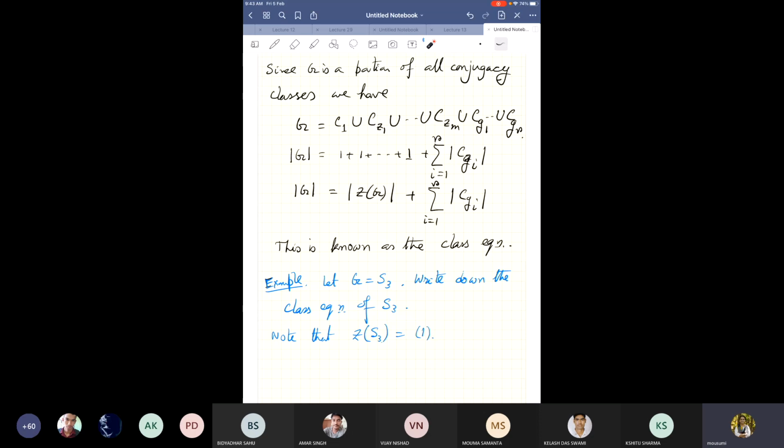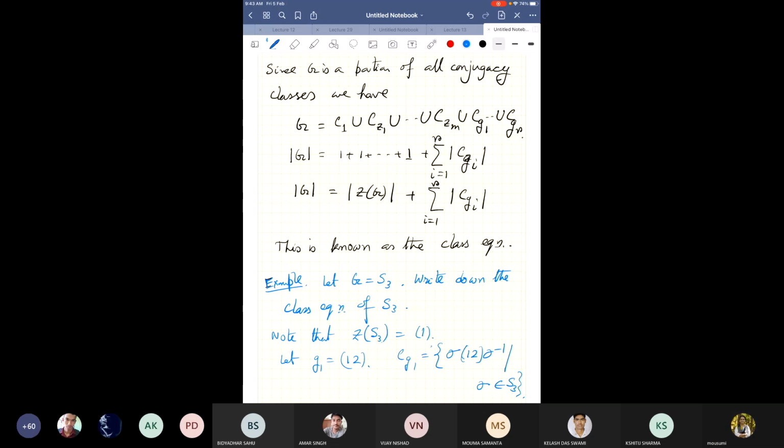So now you start with a 2 cycle. Let G1 be this 2 cycle. Then what will be the conjugacy class for G1? The conjugacy class is nothing but the elements of the form sigma G1 sigma inverse, such that sigma varies over all the elements of S3.